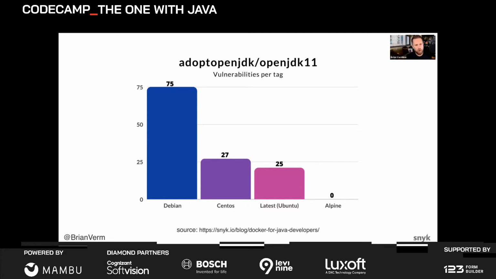And of course, not all these vulnerabilities are directly executable, but, well, you have them. And that means that if somebody finds a chain that they can connect a certain entrance in your application or in your container towards that vulnerability that is there in the operating system layer, it might be harmful. And if you don't have that, it cannot harm you, basically.